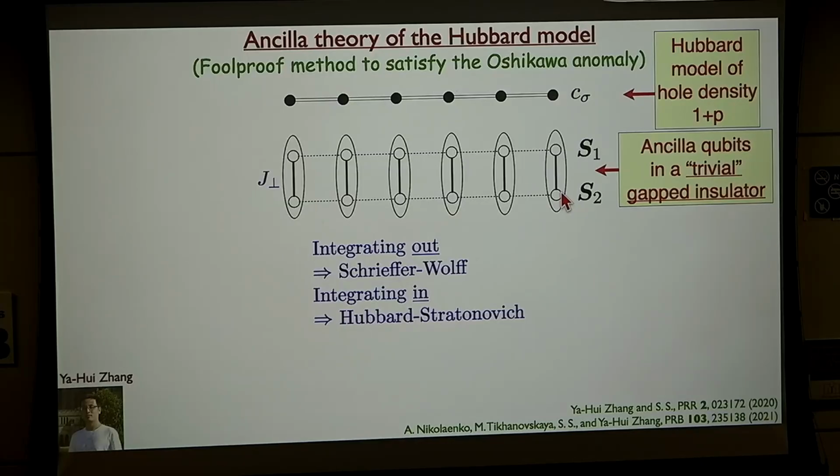And in fact, if you think that integrating in is something you've never done before, you're wrong. That is effectively what Hubbard-Stratonovich is. I'm just doing Hubbard-Stratonovich in a Hamiltonian formalism rather than a path integral formalism. And so this object, for example, this is the ground state.